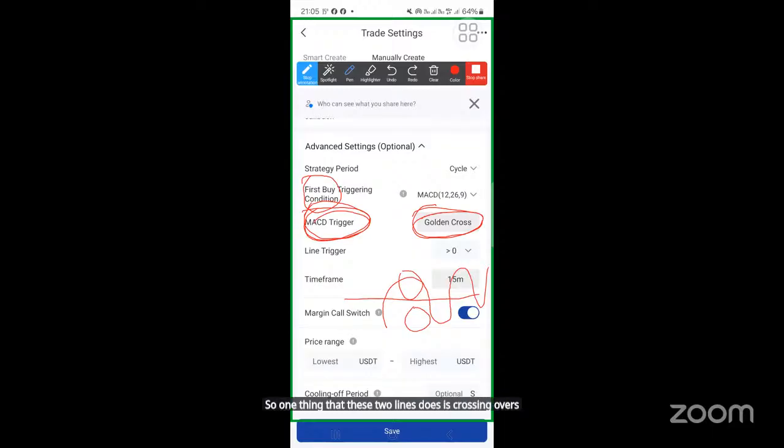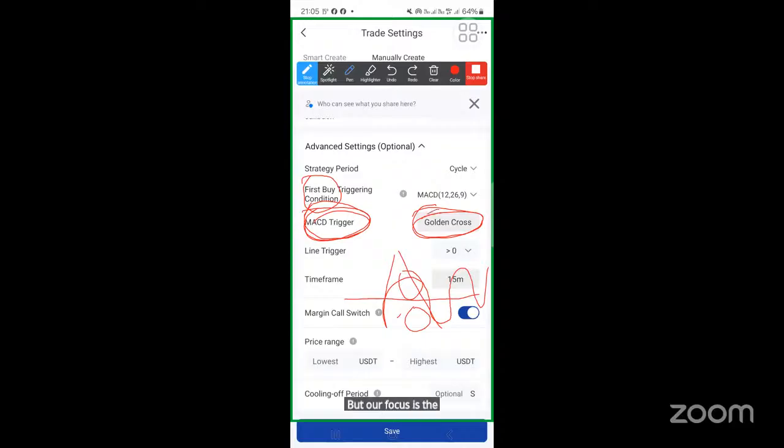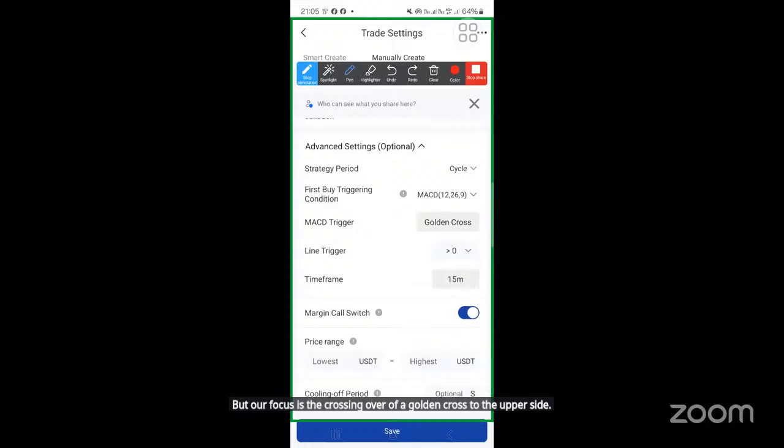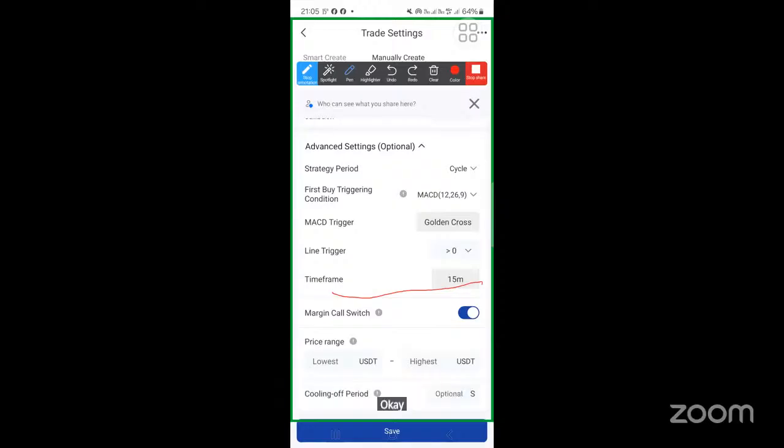The MACD crosses over either to the upper side or to the downside. But our focus is the crossing over of a golden cross to the upper side. Now, one thing that I did not explain there in TradingView is that this is our zero line. Okay, this is our zero line, right?